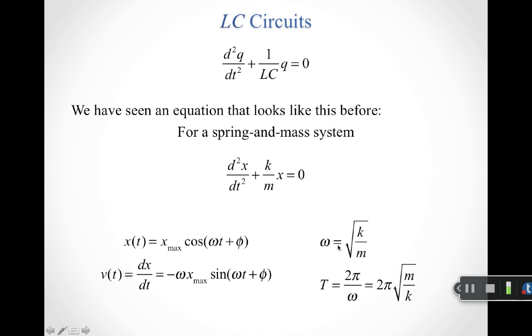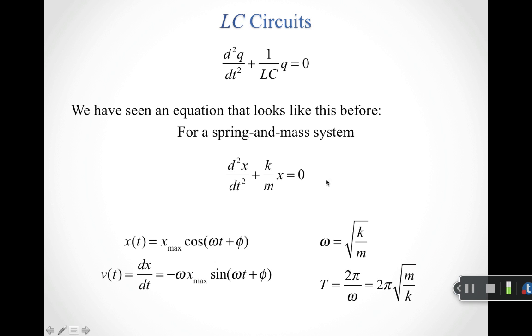Well, this defined omega. We said omega is nothing more than the square root of the constant that's sitting in front of x in this equation. And then we can relate the angular frequency to the period of this oscillatory motion by saying that the period is 2 pi over omega, so 2 pi times, and flip this over, and now it becomes m over k.